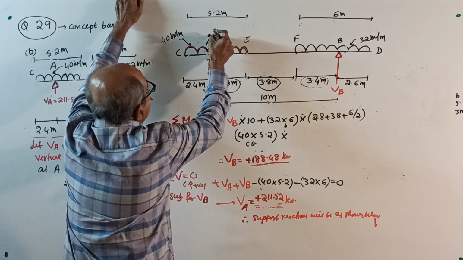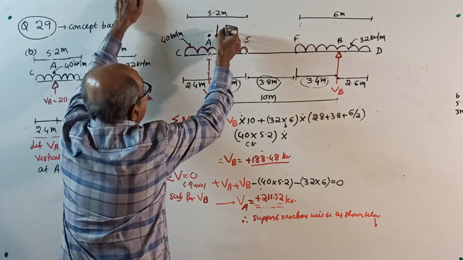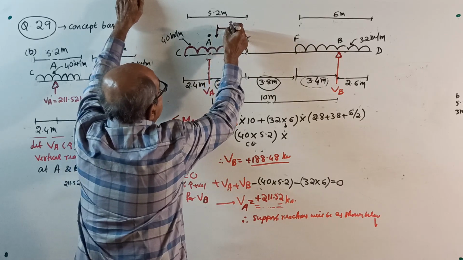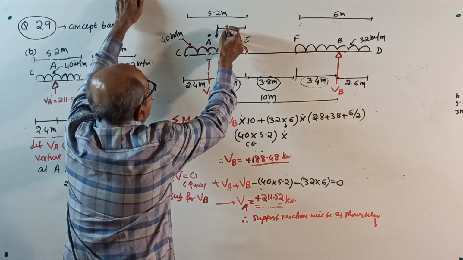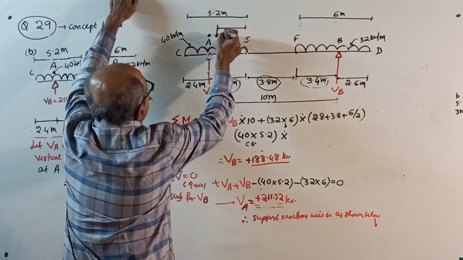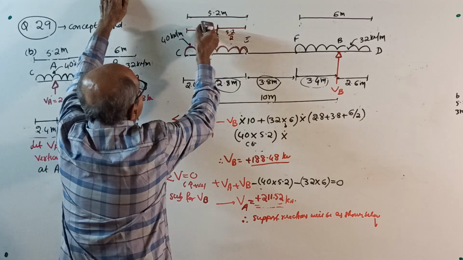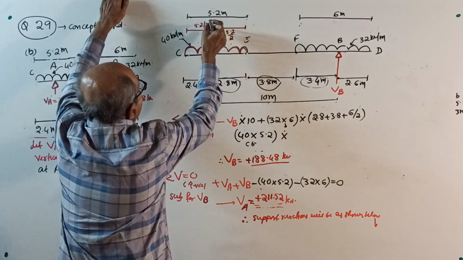Then this distance is 5.2 divided by 2, and this also is 5.2 divided by 2.